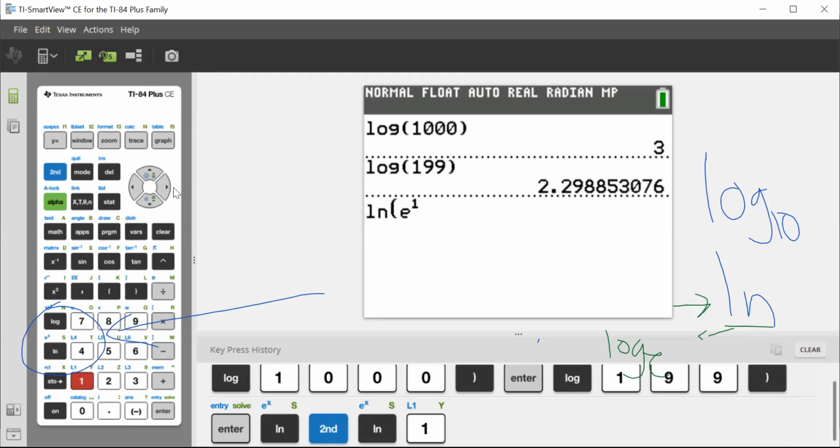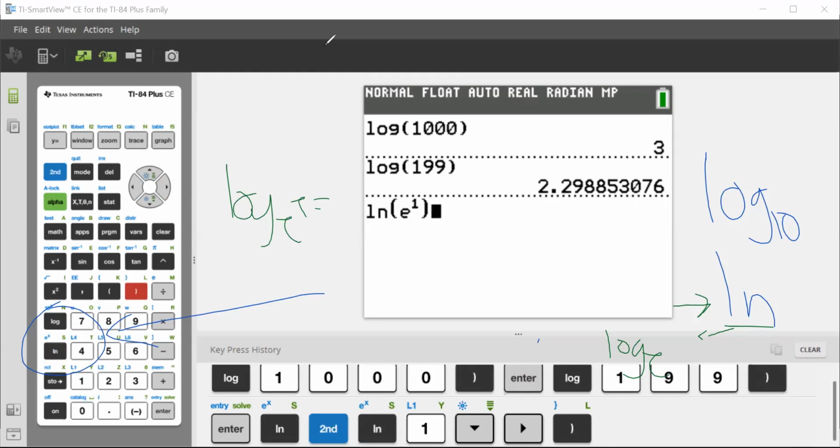Recall what this is saying now is log base e of e, because ln means log base e. It says to what power do we have to raise e to get e? Well, the answer there should be 1, right? Because anything to the first power is itself. And we can, again, see that we get that here.